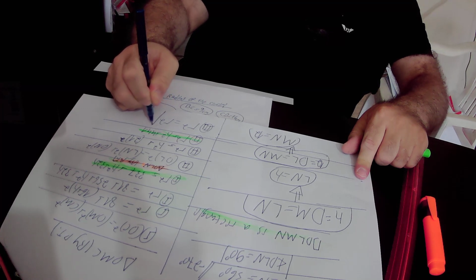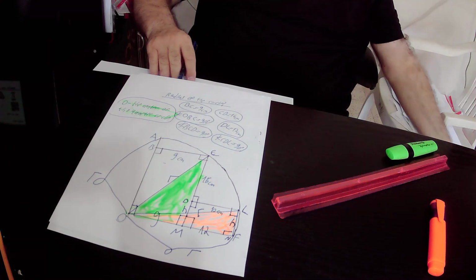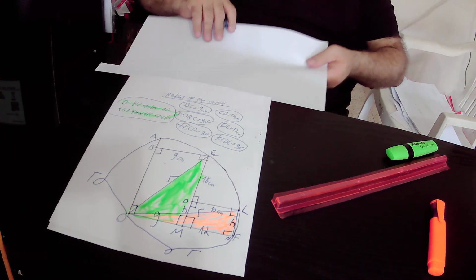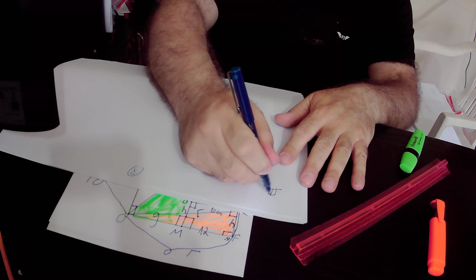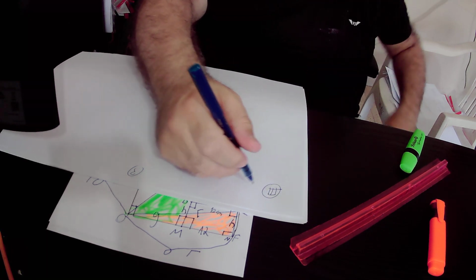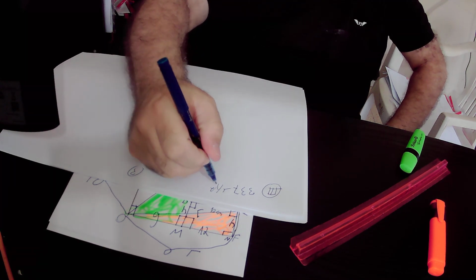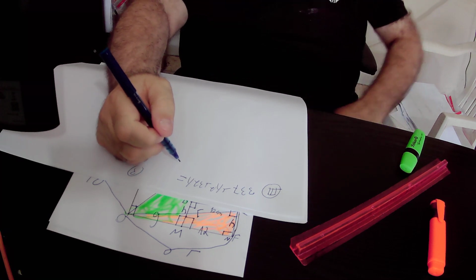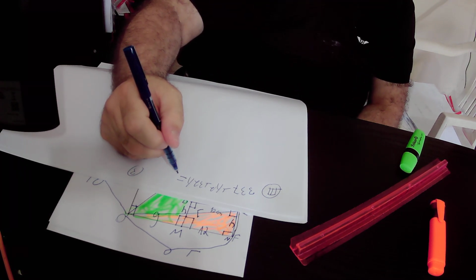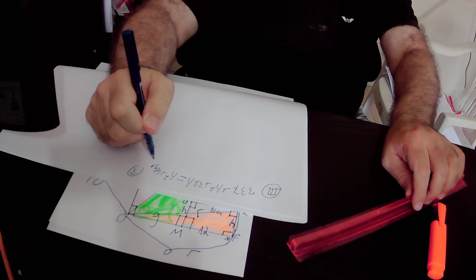So here, R squared according to equation number 1 is equal to 337 plus H squared plus 32H, and it must be equal to R squared according to equation number 2, which is H squared plus 441. So this is equation number 3.